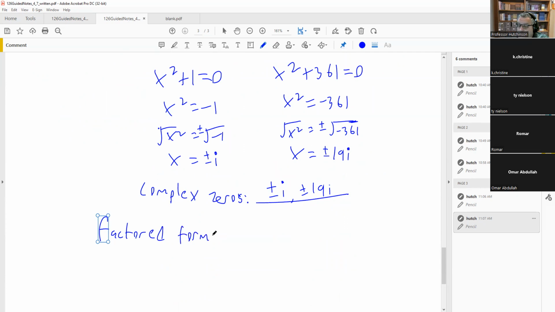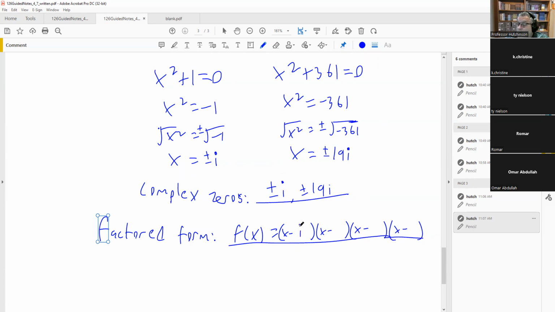Okay, so we have this f of x equals, and what I'm going to do here is just put x minus for all these, just like that. And I'm just going to stick in the i's.